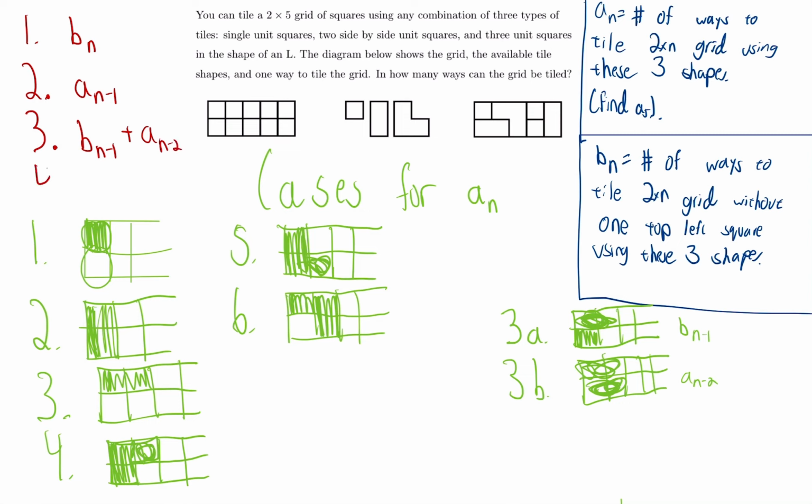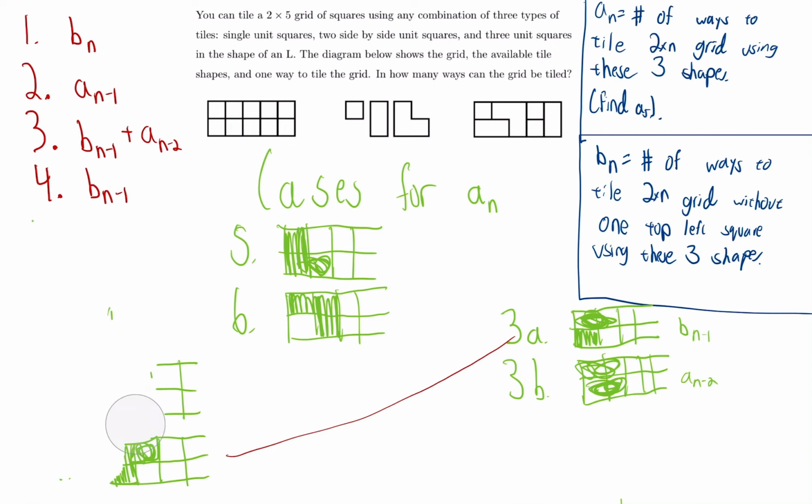Now case 4. That's basically the same thing as this, so it's just B of n minus 1. Since these are unnecessary, you can start clearing them to make more space. Okay, for case 5 and 6. For case 5, that's still B of n.